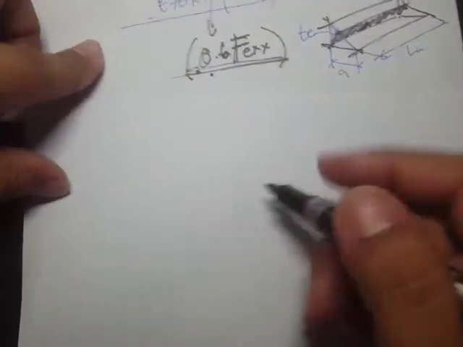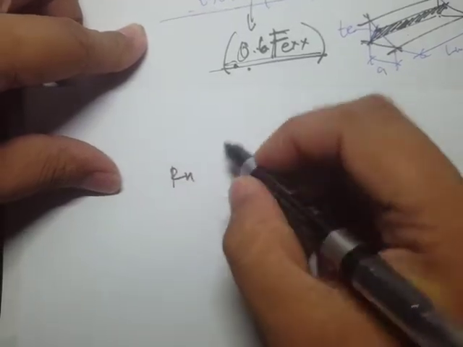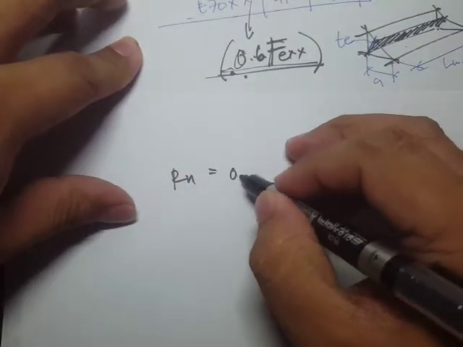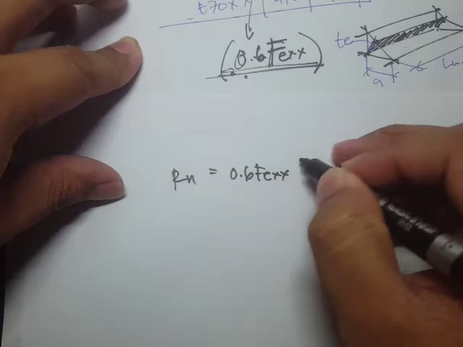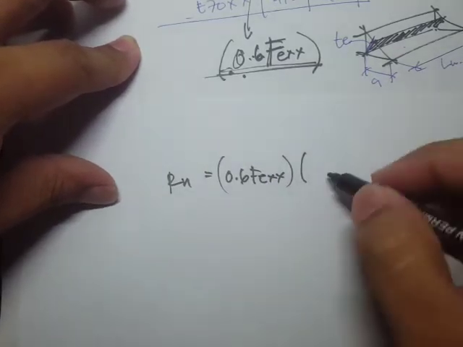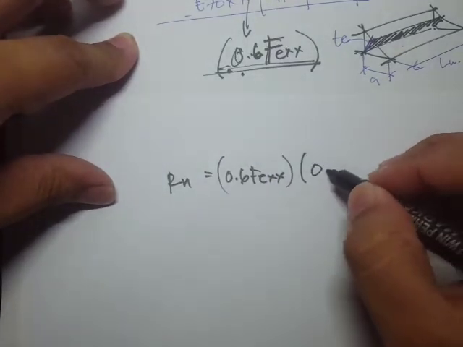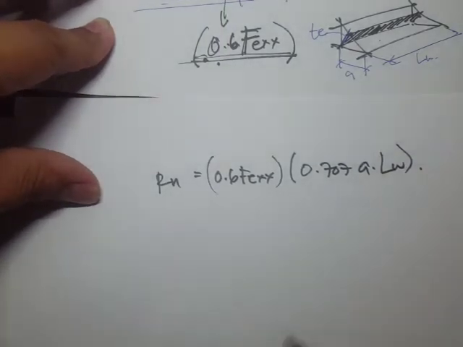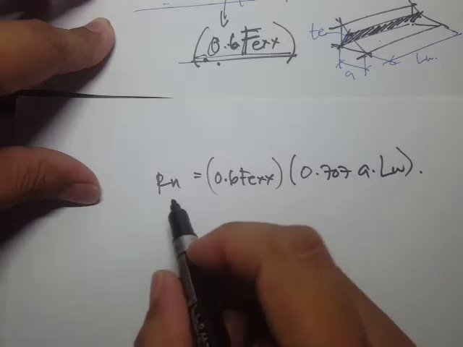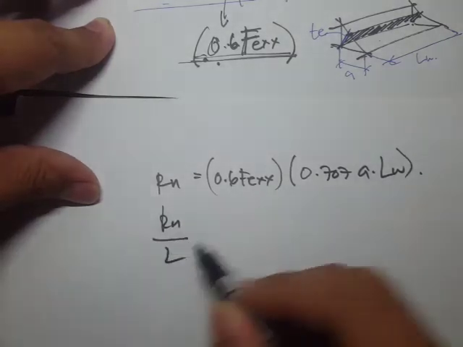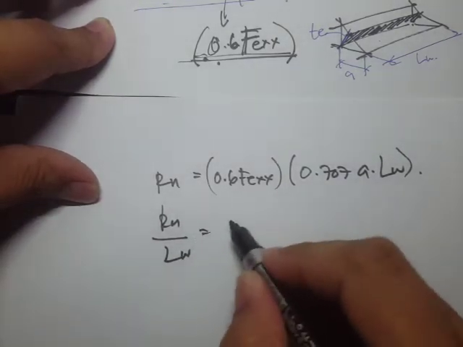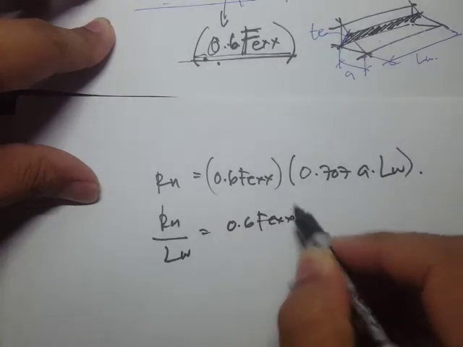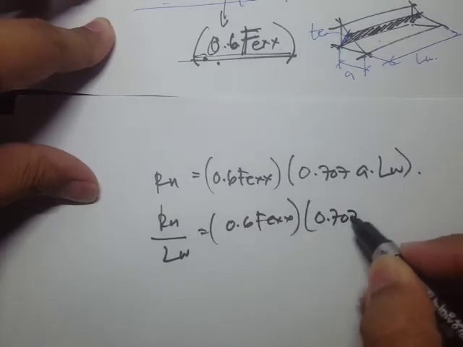So therefore, we can rewrite the equation for the weld length as Rn is equal to 0.6 FEXX times 0.707 A times the weld length. Now, in terms of length, we get Rn per unit length is 0.6 FEXX times 0.707 A.